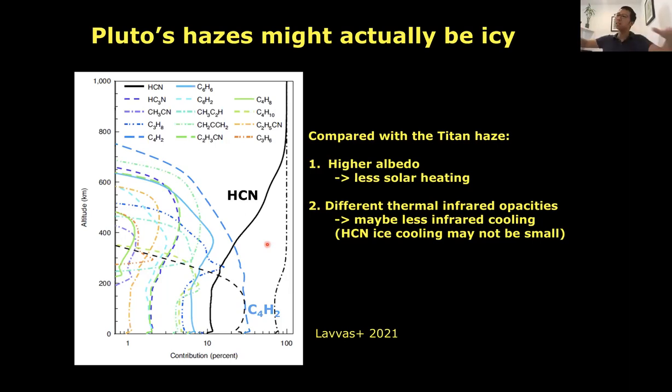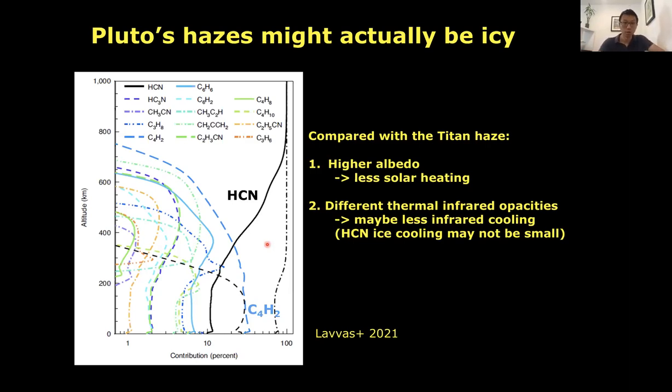Hazes can emit in the continuum in the infrared, but ices can only emit in the vibrational-rotational bands. So they have very different thermal infrared opacities, but that does not necessarily mean the ices emit less. HCN is actually a pretty strong emitter in the far infrared, which can efficiently cool the atmosphere down.